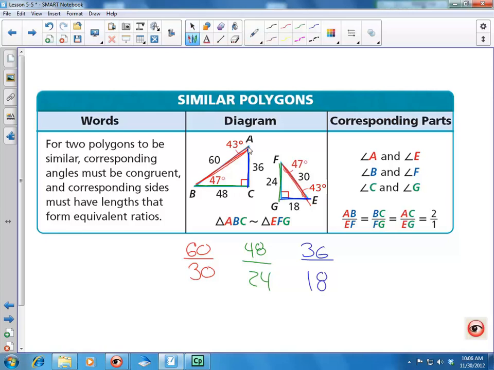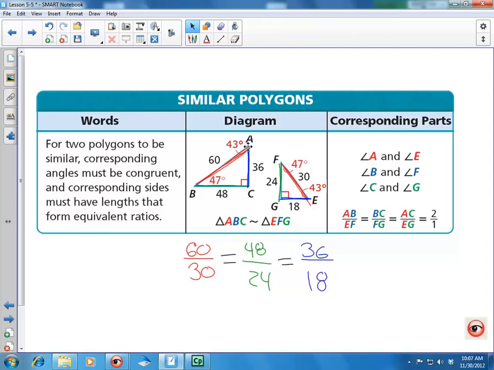Okay? It's telling us those all equal each other. And if you look at it, yeah, they do, because all of these equal 2 over 1. Whenever we simplify that, 60 over 30 is 2 over 1. 48 over 24, 2 over 1. 36 over 18, 2 over 1. That's how we tell these shapes are similar, because all of the sides are proportional.